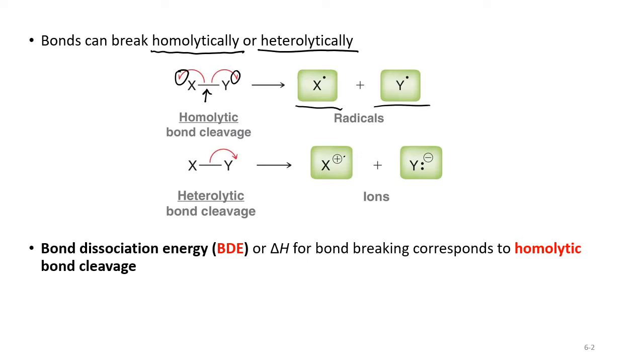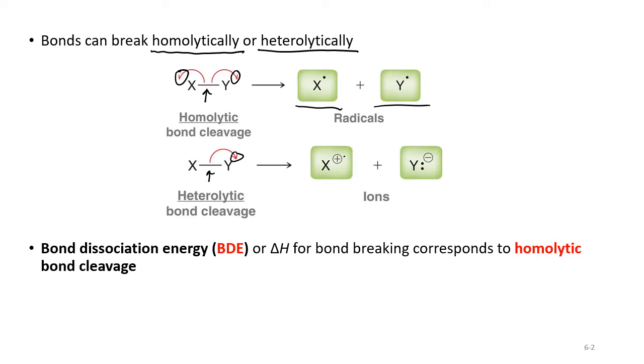The other way that bonds can break, and this is going to be the main focus of our mechanisms when we get there, is heterolytic bond cleavage. And that's where a pair of electrons is transferred to one of the atoms. So in the bond, both electrons are transferred, as indicated by the double-headed arrow, to one of the atoms.